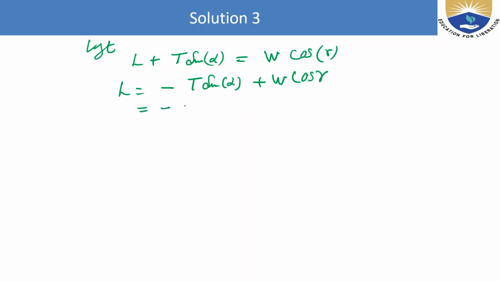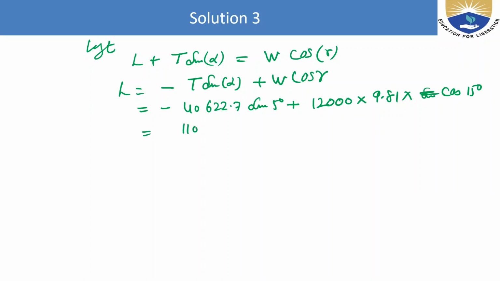So minus 40622.7 into sin 5 degree plus W, which is 12,000 into 9.81, into cos of 15 degree. So we will get here 110,168.3 Newton. So this is the other answer, the lift.